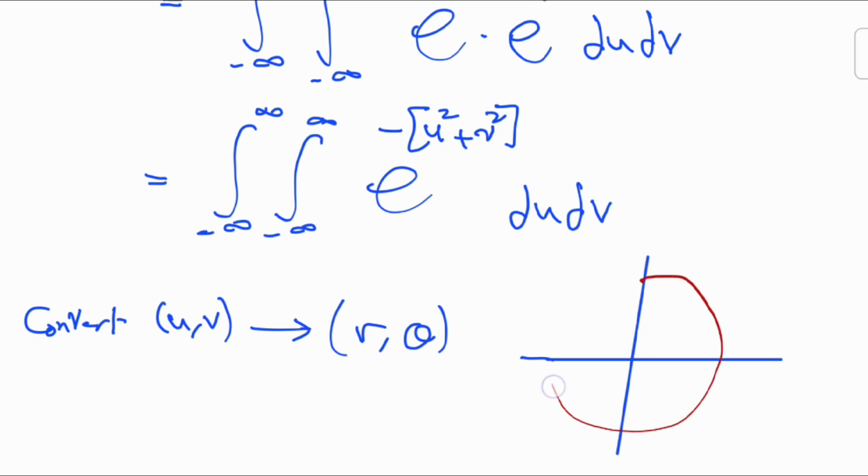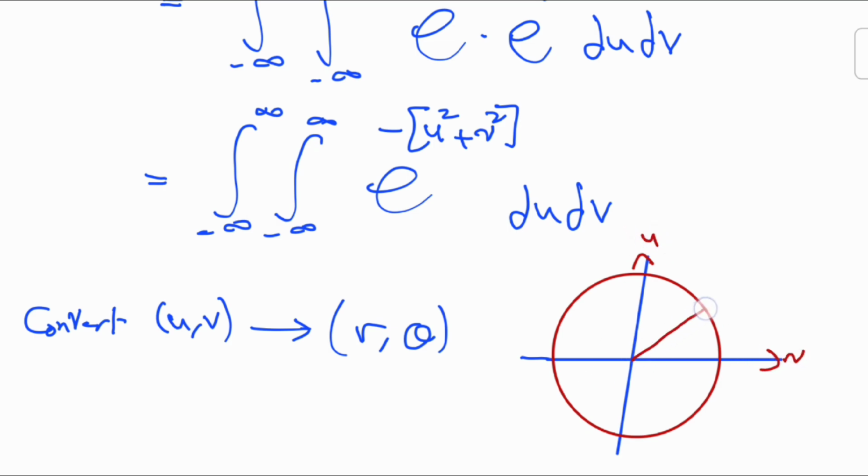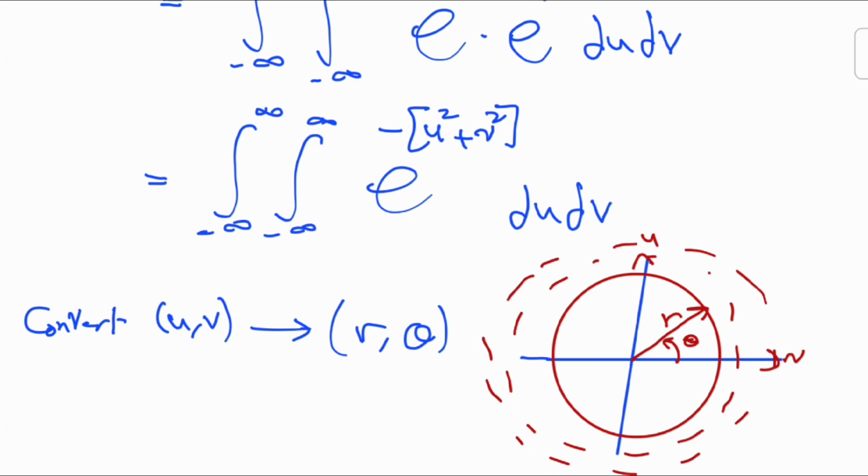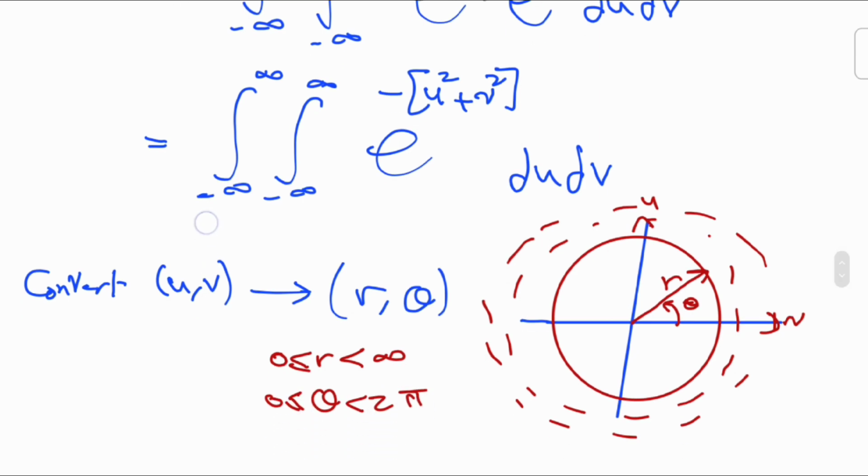As you can see, we are integrating over the whole two-dimensional space from minus infinity to infinity. So in this case, we have r between 0 and infinity, and theta between 0 and 2 pi.